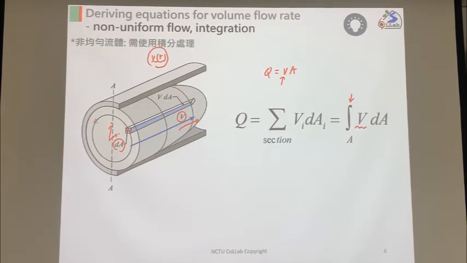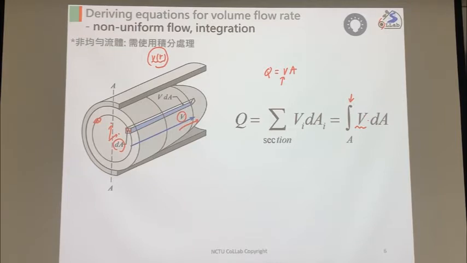So a different dA, maybe another dA here, will have a different velocity. That's why we use integration: the velocity at a different location multiplied by dA, the small piece of the cross-section area.